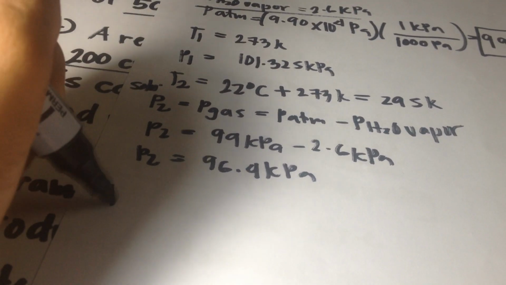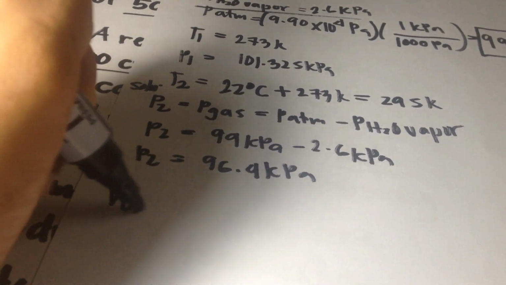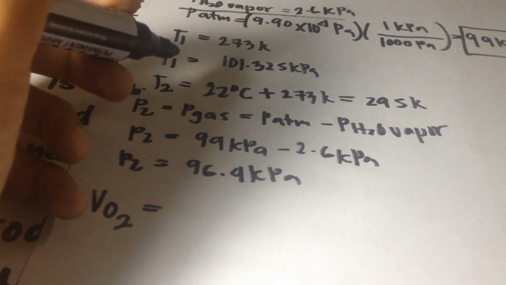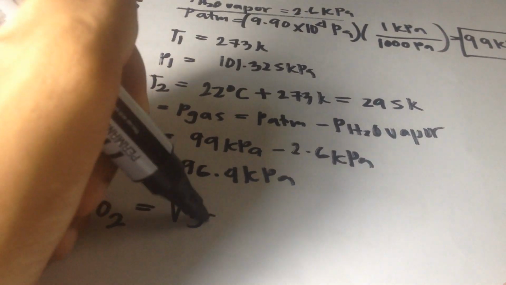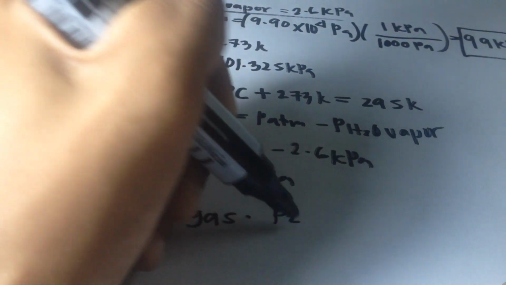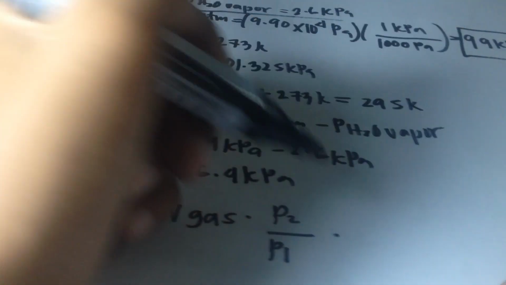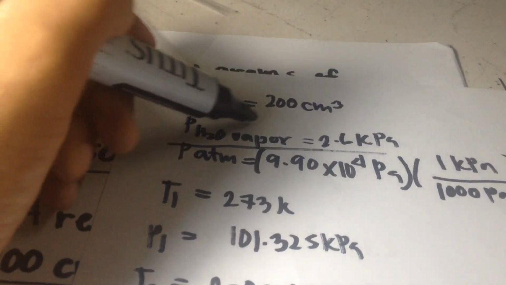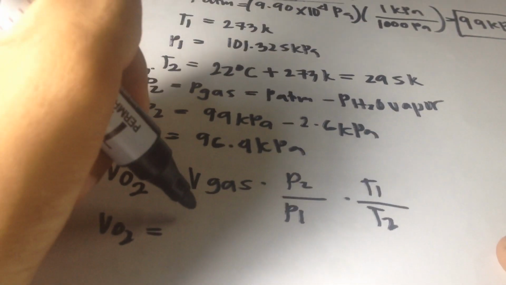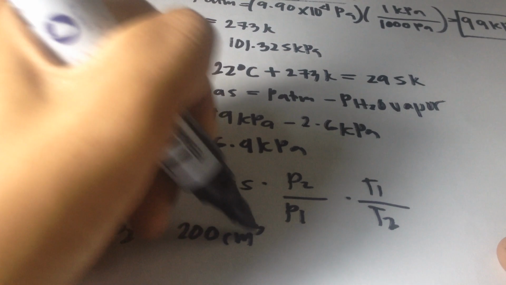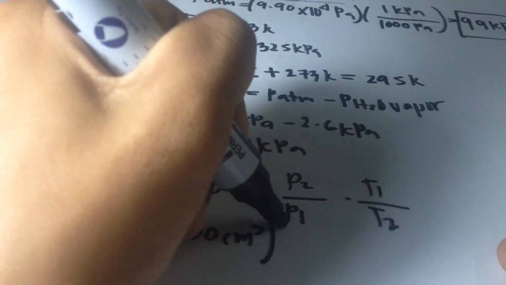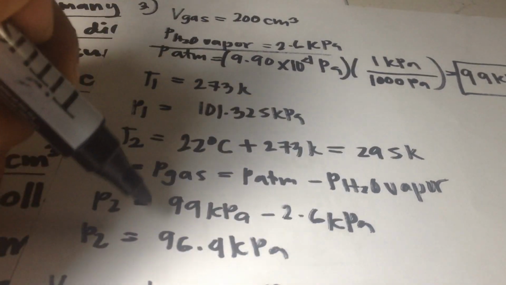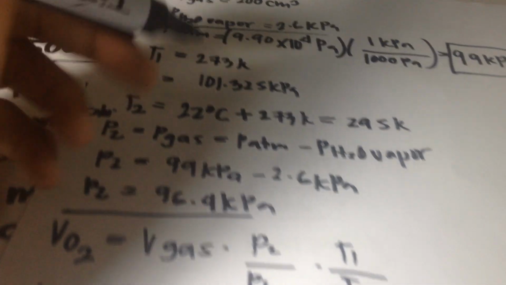So we need to solve for the volume of oxygen gas. Volume 2 is the volume of the gas times pressure 2 over pressure 1 times temperature 1 over temperature 2. The volume of the gas is 200 cubic centimeter. Pressure 2 is 96.4 kilopascal.